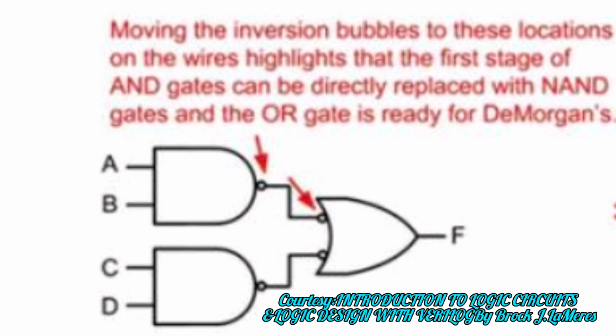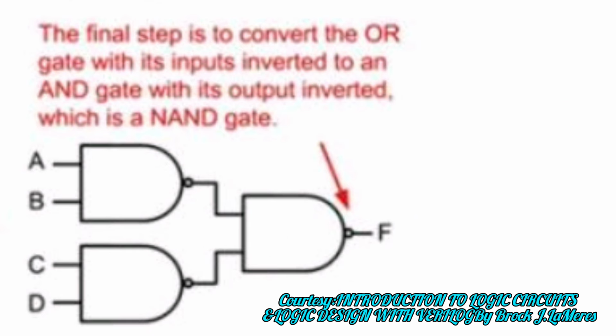Now rearranging the bubbles, that is the inverters, the circuit can also be represented like this. An OR gate with inverted input is equal to an AND gate. So with that concept we can redraw the final circuit as shown over here. That is, we obtained the NAND only circuit by the application of De Morgan's theorem.